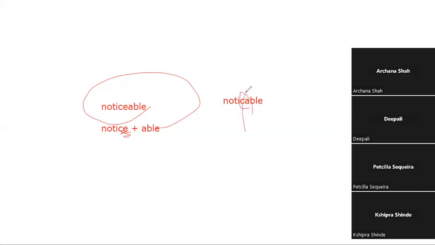So we have to keep the E so that it remains notice with the soft C rule, right? So in the words noticeable, traceable, serviceable, E will not be dropped. Okay.